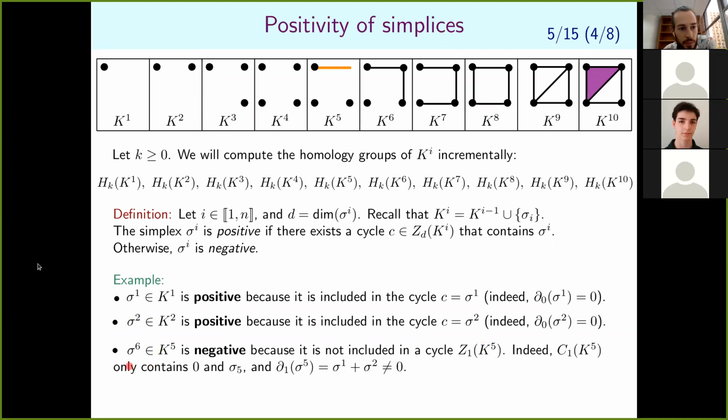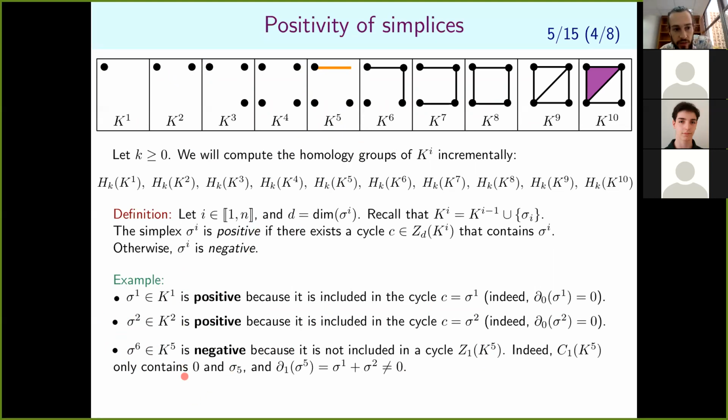Sigma 6, oh no, sigma 5, sorry. I'm looking at this edge, the first edge that enters the simplicial complex. It is negative because you cannot find any one cycle that contains this edge. How can you see that? In this simplicial complex K5, you have only two one-chains.